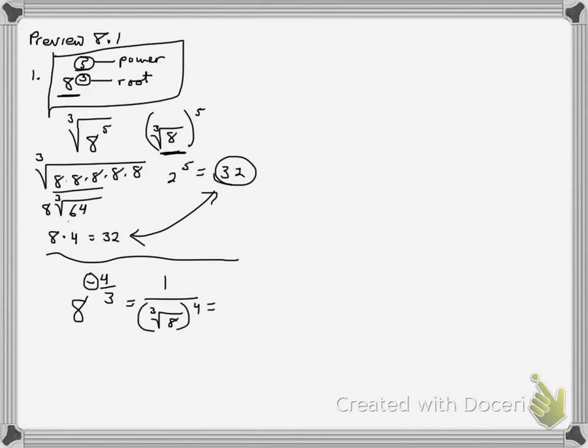That's the same. Notice I don't have a negative sign anywhere here. This negative means go to the denominator with a positive. Right? And so now we're going to do the cubed root of 8 is 2, and 2 to the 4th power is 4 times 4, or 1/16.